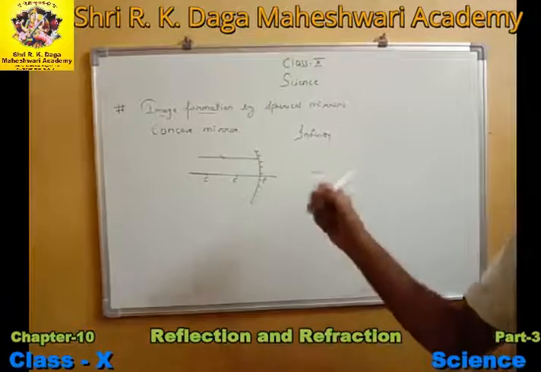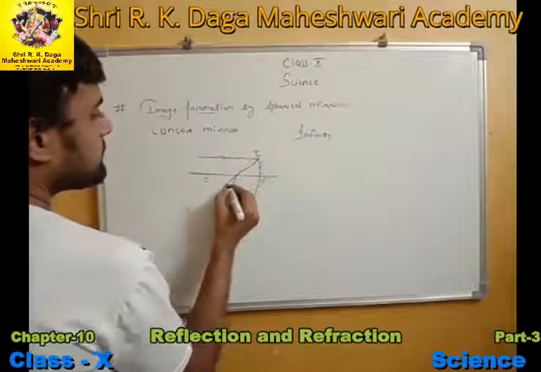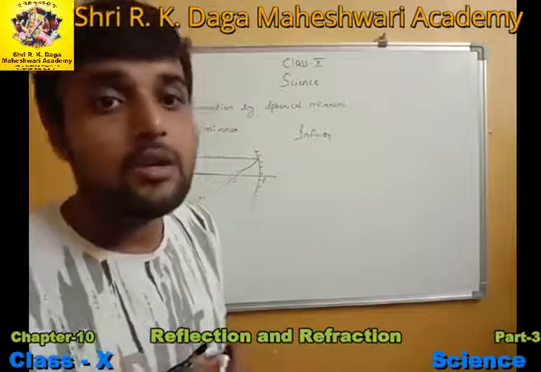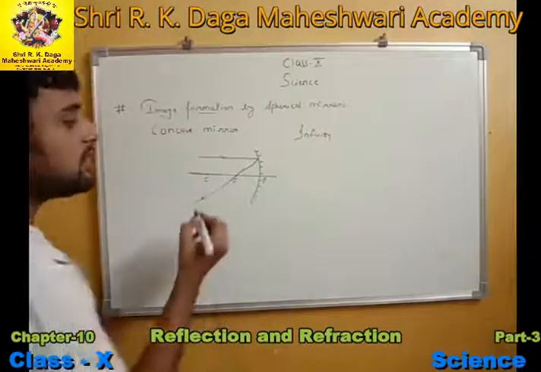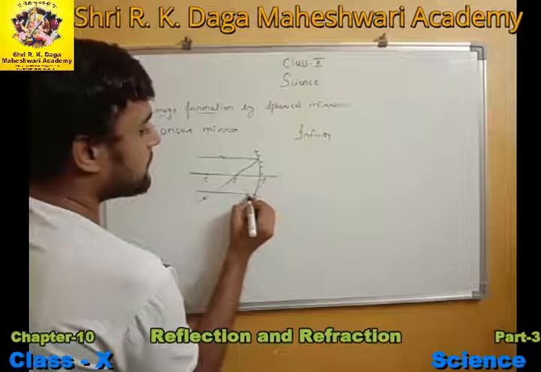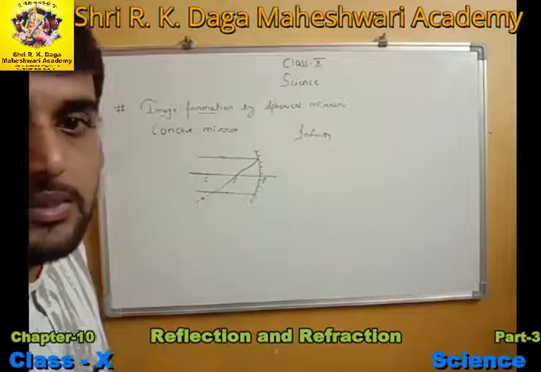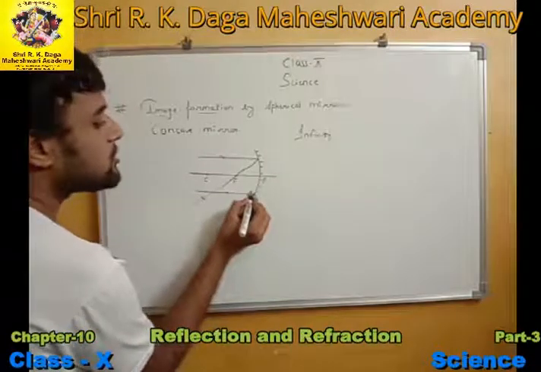After reflection, this light ray will pass through the focus. This we have already studied in the rules in our previous class. Similarly, let us consider one more ray that is coming from infinity and is also parallel to the principal axis. After reflection, it will also pass through the focus.